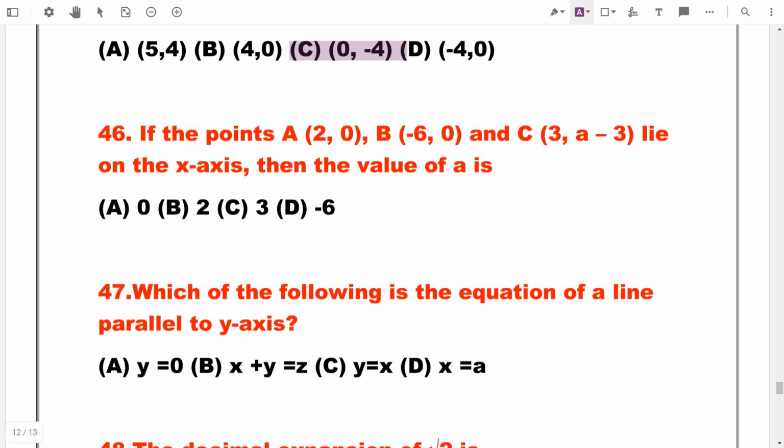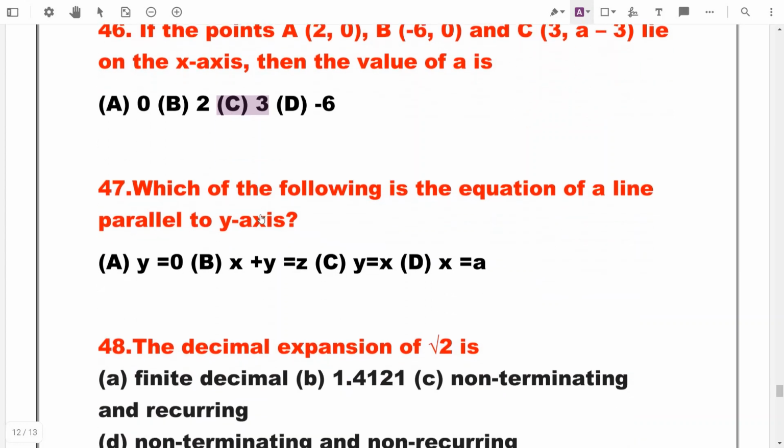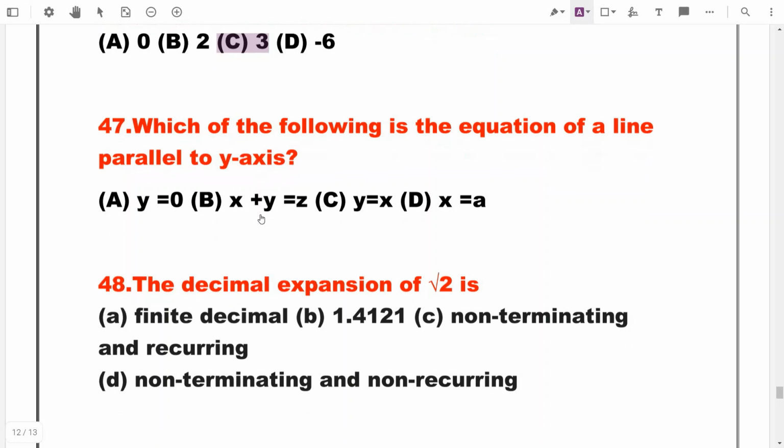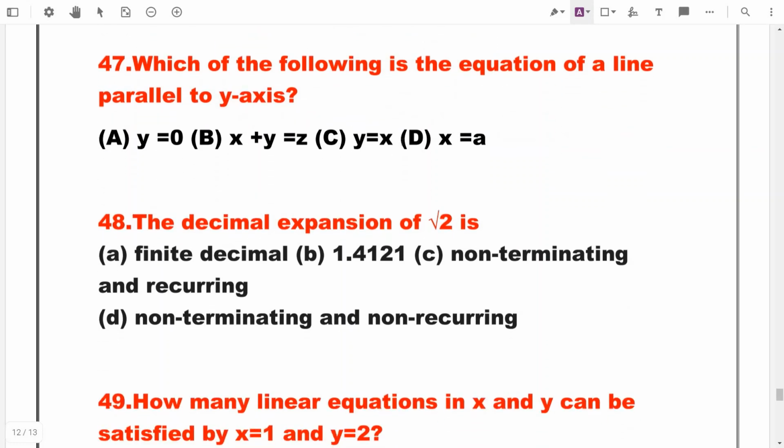Answer C, 3. 47th question, which of the following is the equation of a line parallel to y-axis? y is equal to 0, x plus y is equal to 0, y is equal to a, x is equal to a. Answer D, x is equal to a.